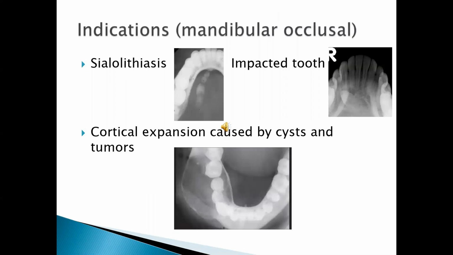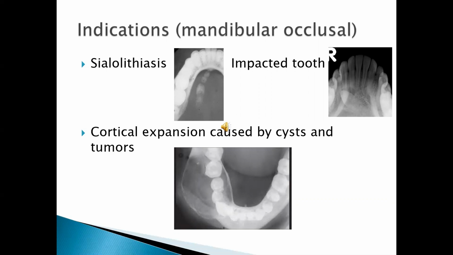Here are a few more indications, this time for the mandibular occlusal. Let's go to the first image. Here you can see that there are radio-opaque, that means white, areas in a string-like pattern. Now that could be a calcification within the salivary gland duct. Okay, we call them sialolithiasis.